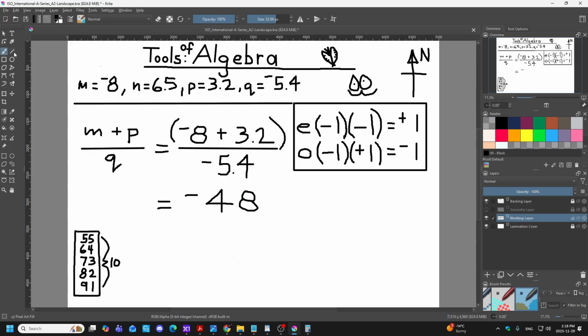And that's all going to be divided by negative 5.4. All right? Math rules, a negative times a negative. We have an even number. Negative times a negative is going to give us a positive. It's the same thing with division. A negative divided by a negative is also going to give us a positive.